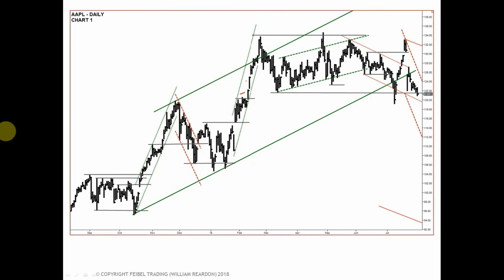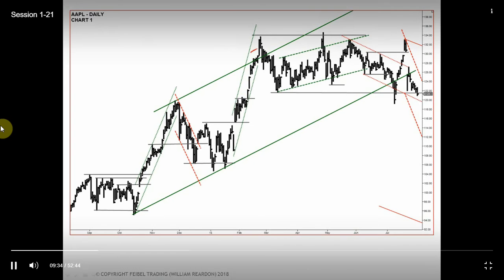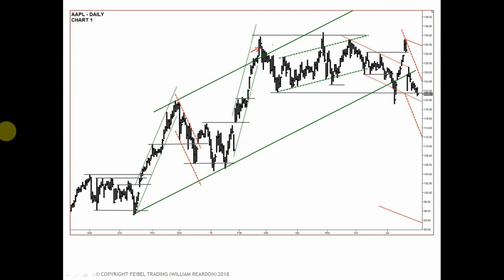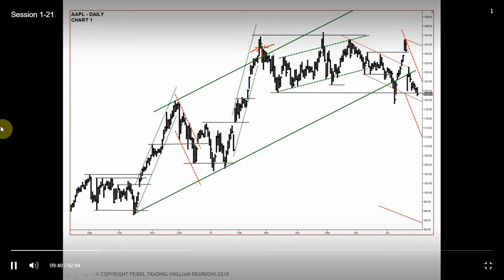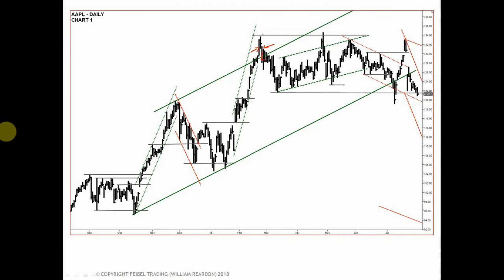So we push up, push up, push up, try to hold here, and then we break, and then it's instantly reversed on this bar, and we're trading back within the channel.